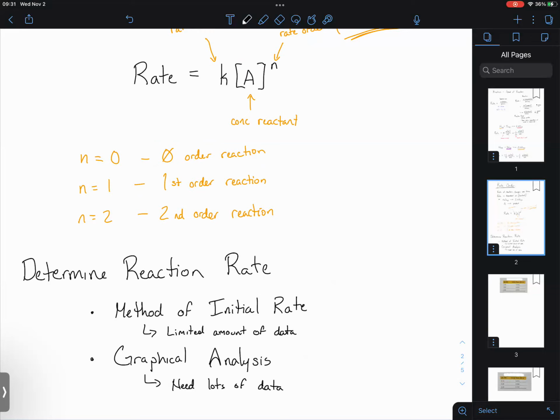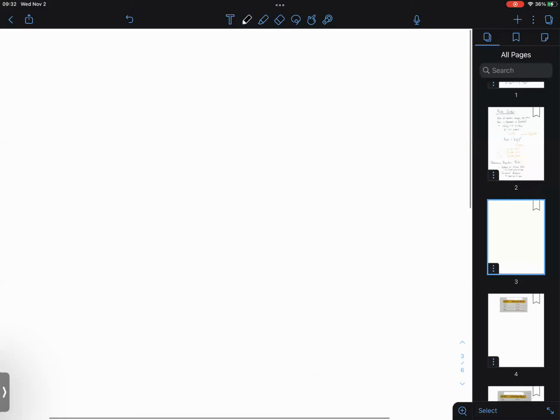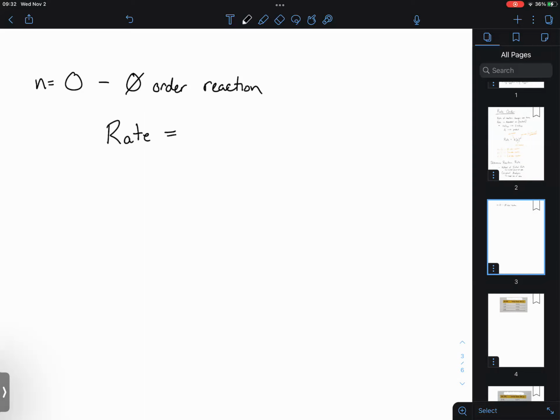First of all, if we take a look at our different reactions, again, we said n equals 0. That's a 0 order reaction. If we take our equation and replace that n with 0, we're taking that concentration and raising it to the power of 0.